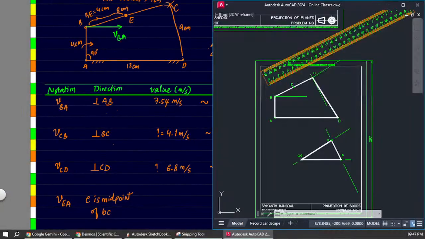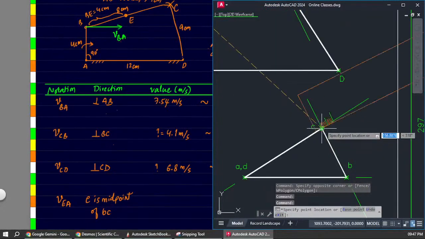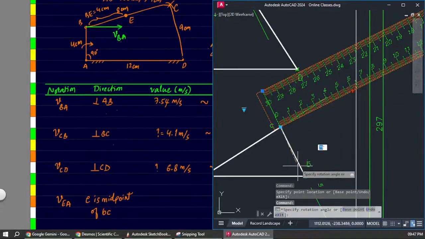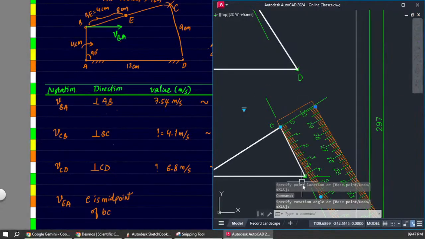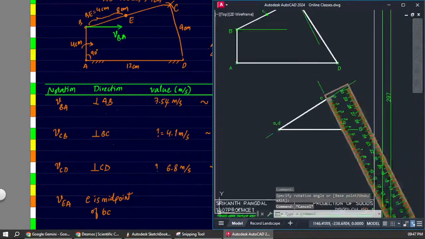Come back to our sheet. We need the midpoint of BC. So we'll have to keep our scale here. Draw it like this. We'll have to keep it exactly parallel to this.